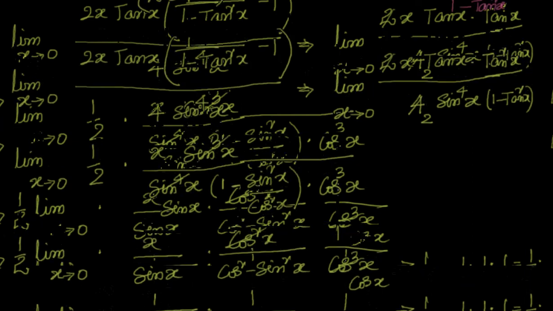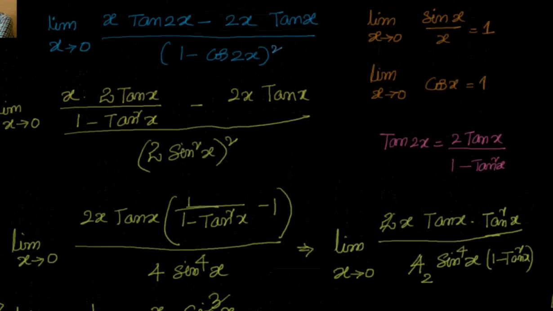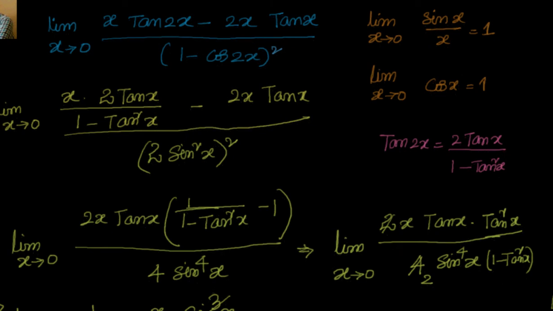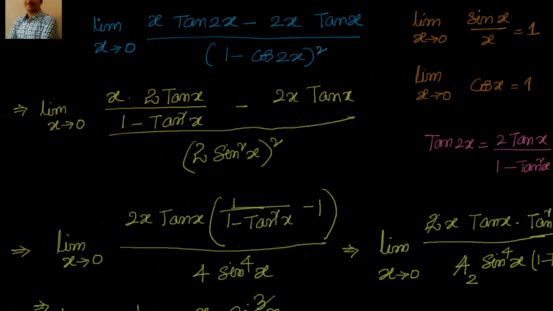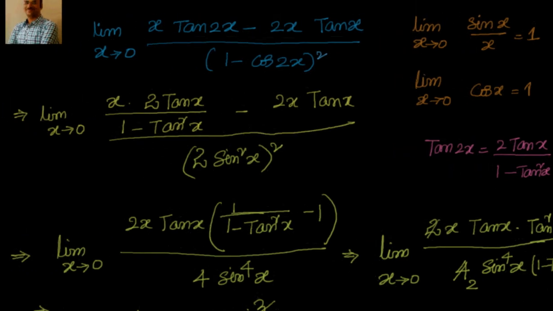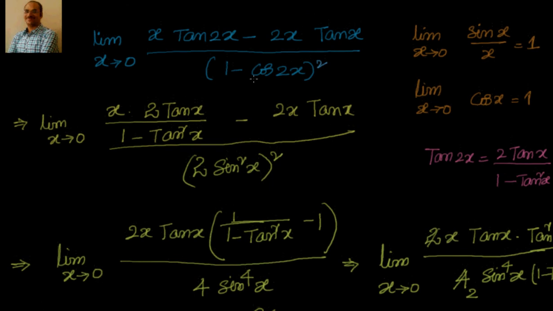Let me summarize how we have done that. The problem asked us to find the limit of x tan 2x minus 2x tan x by (1 minus cos 2x) whole square. We first converted tan 2x into 2 tan x by 1 minus tan square x.